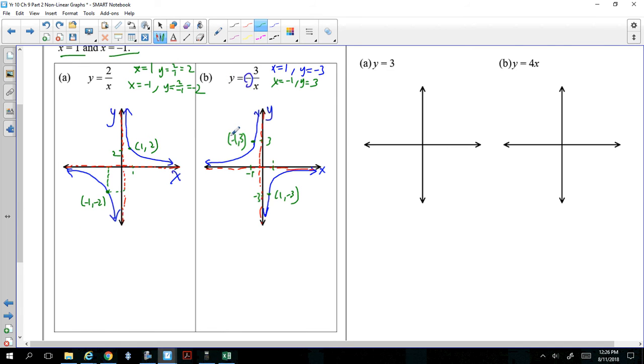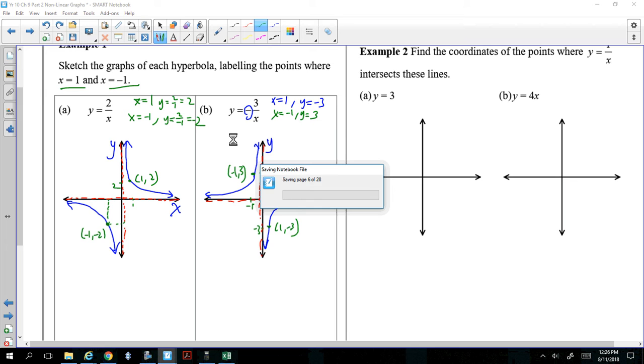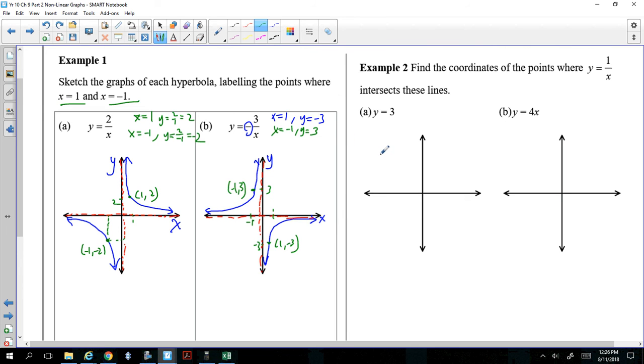And then we're going to do some questions that involve point intersections. See where the graph crosses this graph. Find the coordinates of the points where 1 over x intersect these lines. So if I draw it, let's draw y equal to 1 over x, which is over here.